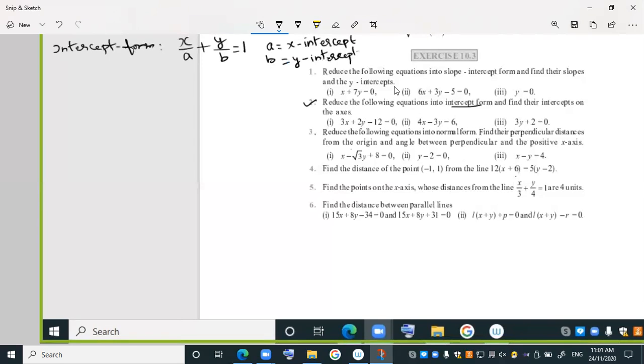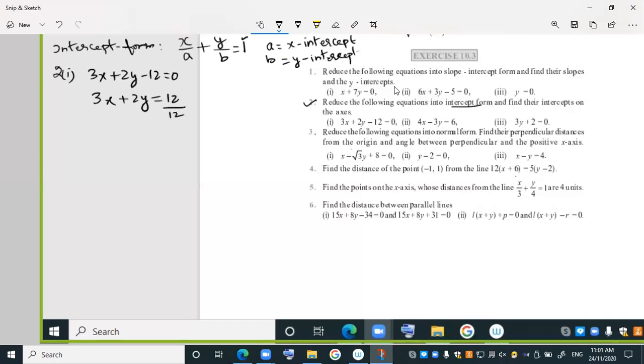So in this form, we have to reduce the equation. If we take question number 2, first part, the equation is 3x plus 2y minus 12 is equal to 0. So the right hand side constant term should be equal to 1. Just remember this one. So you have to bring the constant term 12 to the right hand side. But the right side should be 1.